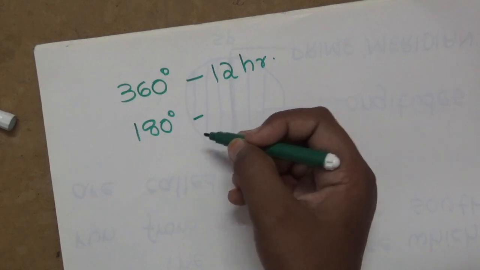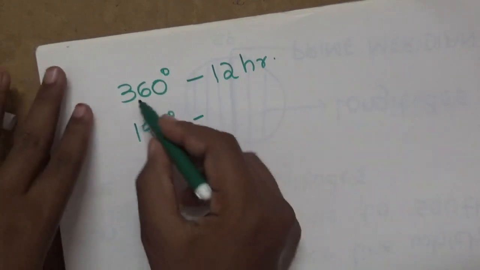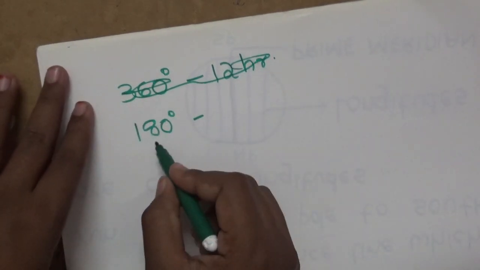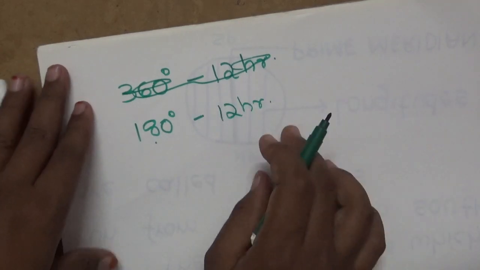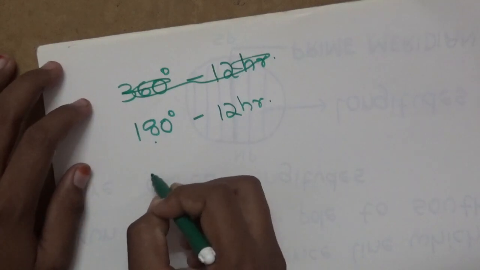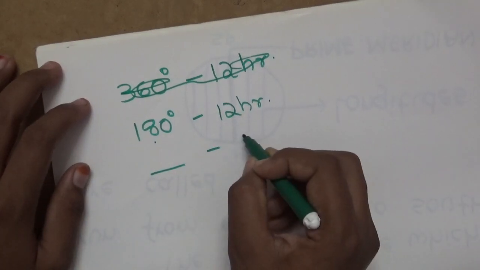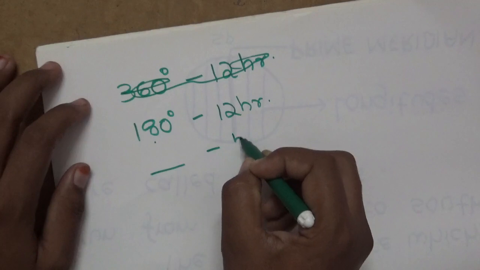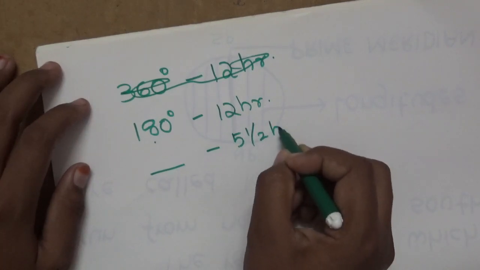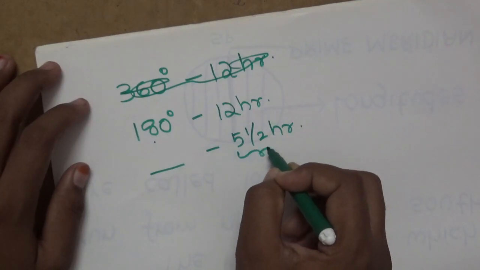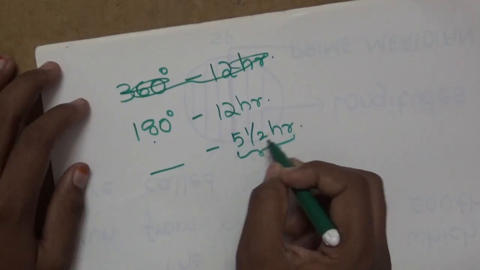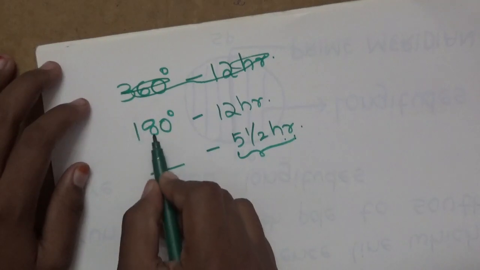For 180 degrees, let us consider Greenwich longitude, it takes 12 hours. Now for how many degrees does it take 5.5 hours, because our Indian standard time is 5.5 hours ahead of this longitude.